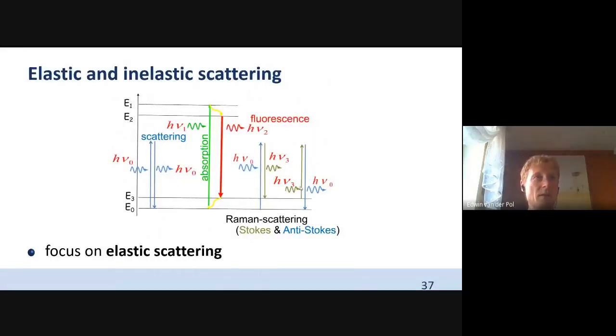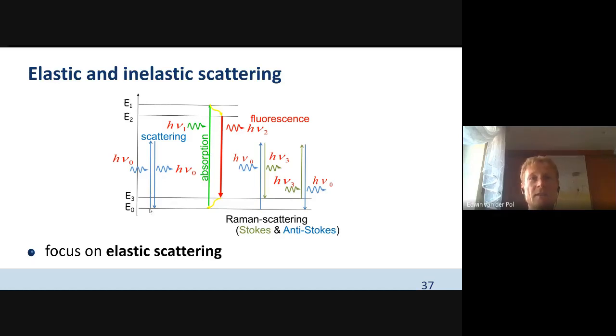Just to narrow down, because you have so many different areas which study light: there is elastic and inelastic scattering. Today we will only treat elastic scattering. This is shown in this Jablonski diagram, which shows the energy levels of a certain atom and, for an incoming photon, what can happen.